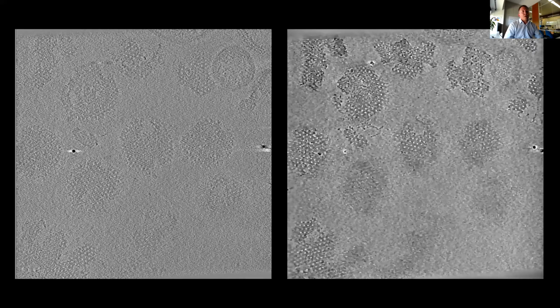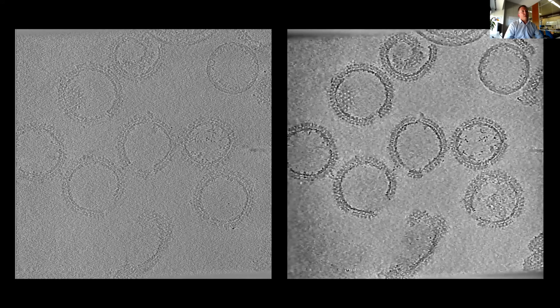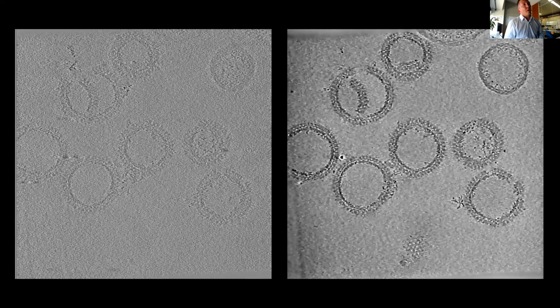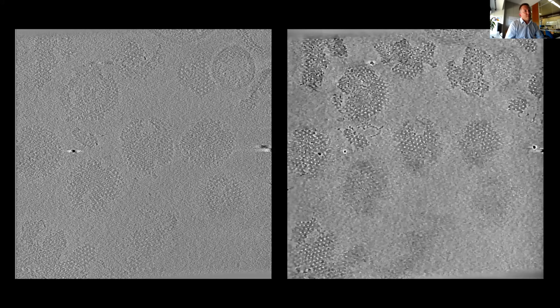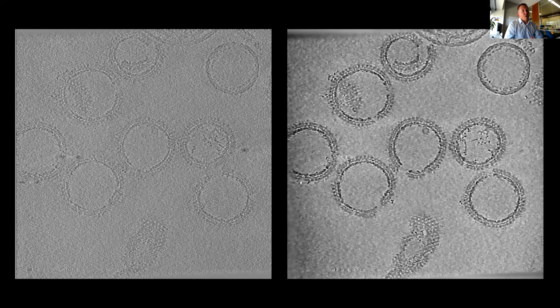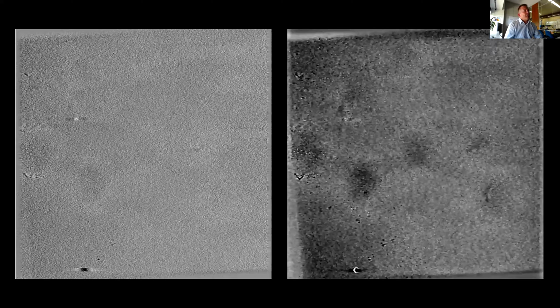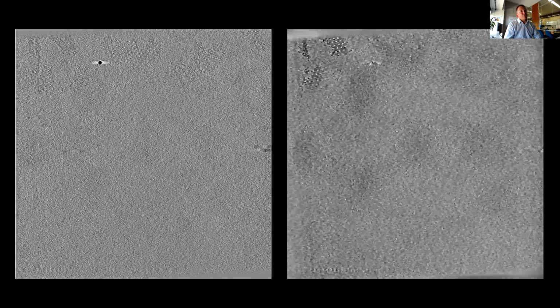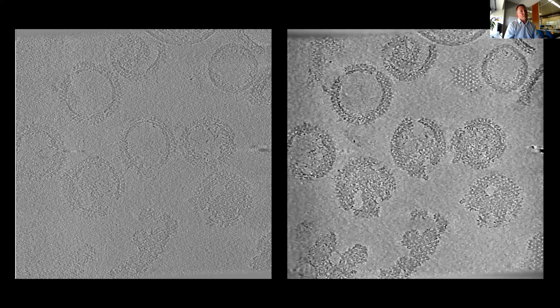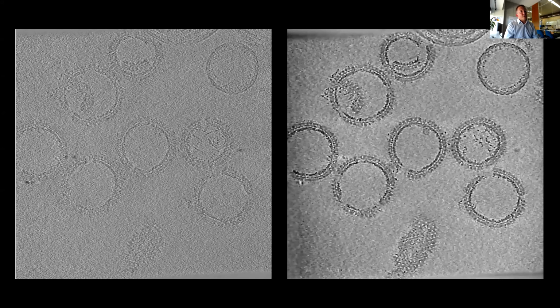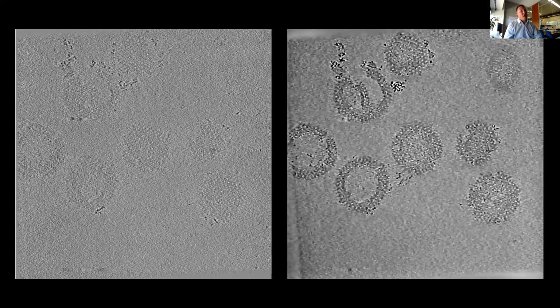So you can see here another volume of, I think, some HIV particles or envelopes of the HIV. And in this volume you can clearly see on the right hand side that the denoiser has contributed in the tomographic reconstruction to a much clearer depiction of the specimen than what you see on the left hand side.